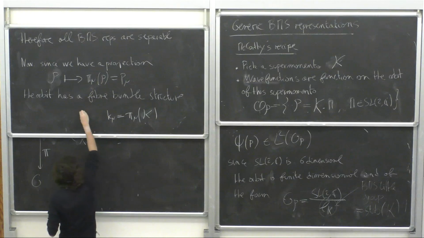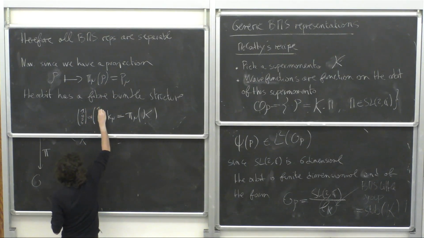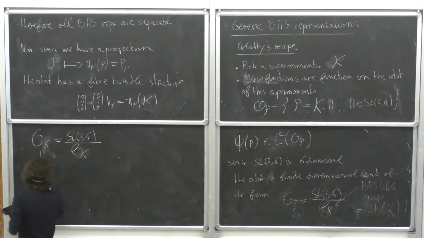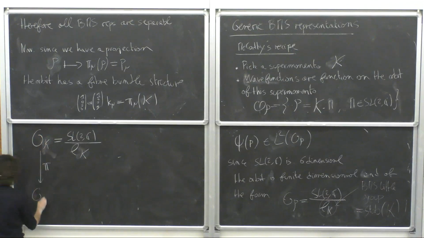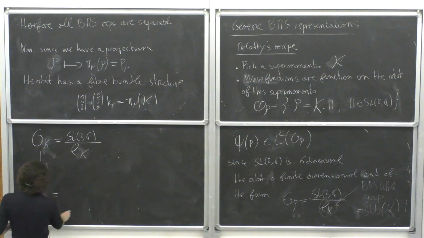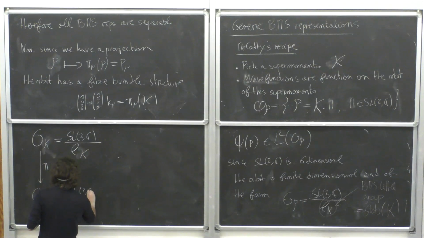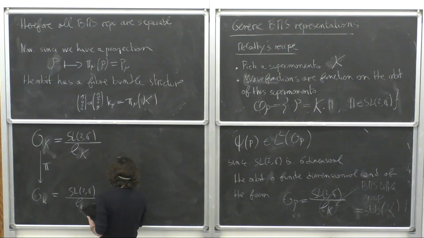For a massive particle it would be (1, 0, 0, 0), and the orbit of the supermomenta projects on the orbit of K mu, which is one of the usual mass shells. So it's SL2C divided by the Poincare little group LK. And this LK is the usual Poincare little group, so SU2 or ISO2 or SL2R.